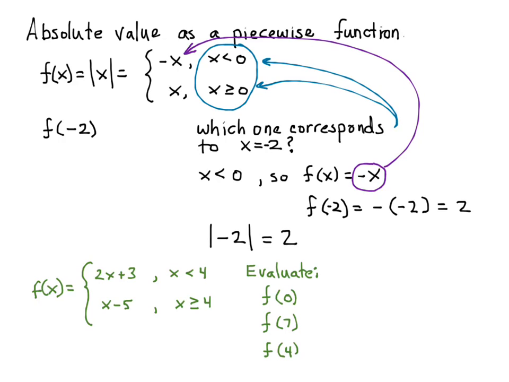Okay, but this is the definition when x is less than 4, right? Here, x is 7, so you really want to use the other one because x is greater than 4. And so you want to use this expression, so you have 7 minus 5. Okay, so f at 7 equals 2. All right, everybody follow that?